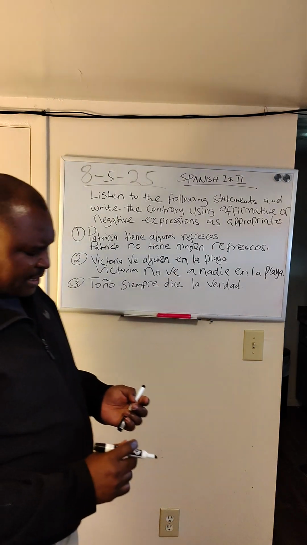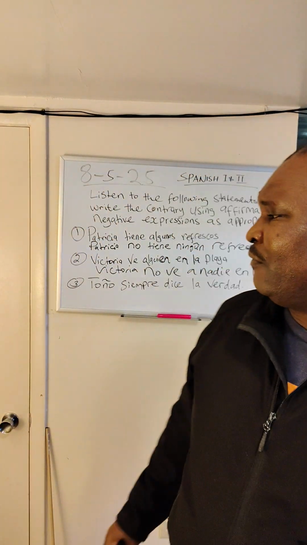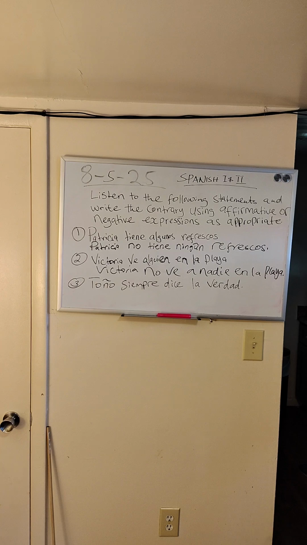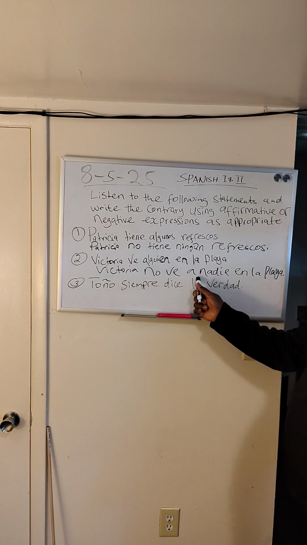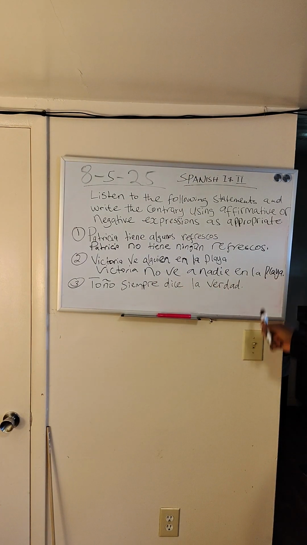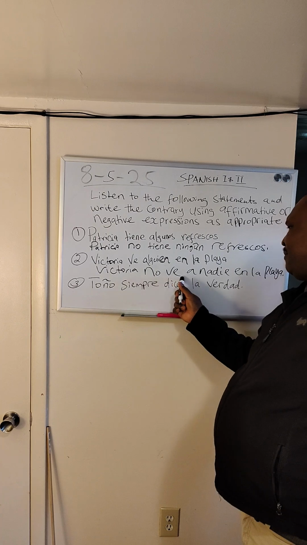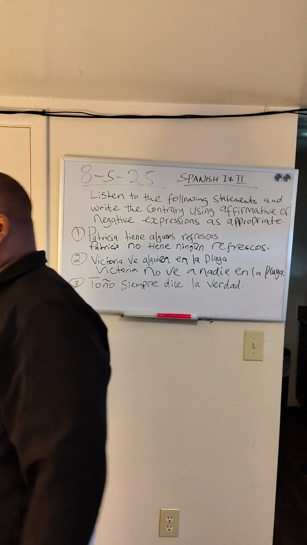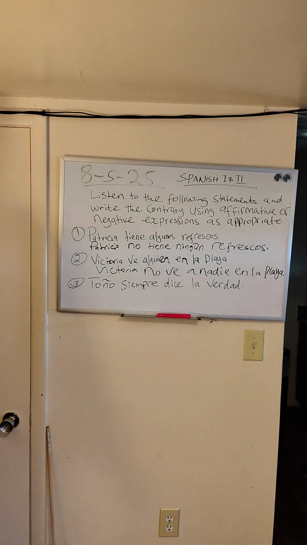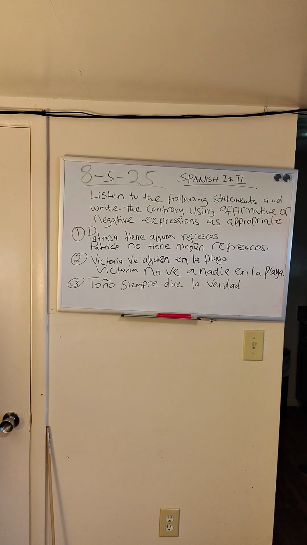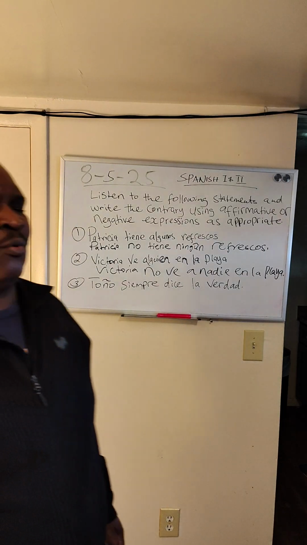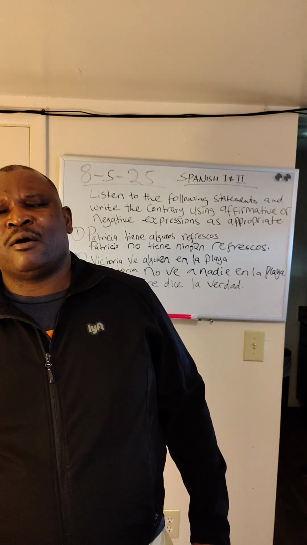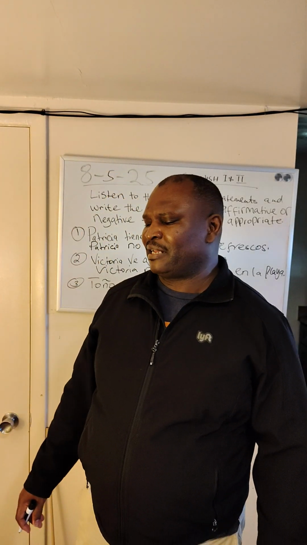Victoria ve alguien en la playa. Victoria no ve a nadie en la playa. So now that is on the contrary. We are writing the contrary of what the affirmative statement is saying.